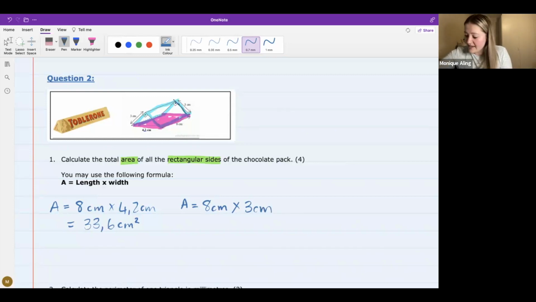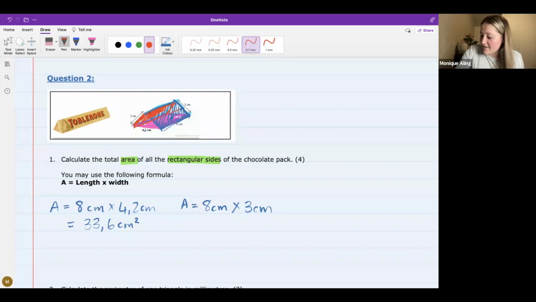So 3 on the side, 8 along that length, and that gives us the rectangle on the one side. This rectangle is going to match the other one on the other side, because we've got 3 centimeters over here and then imagine 8 across.